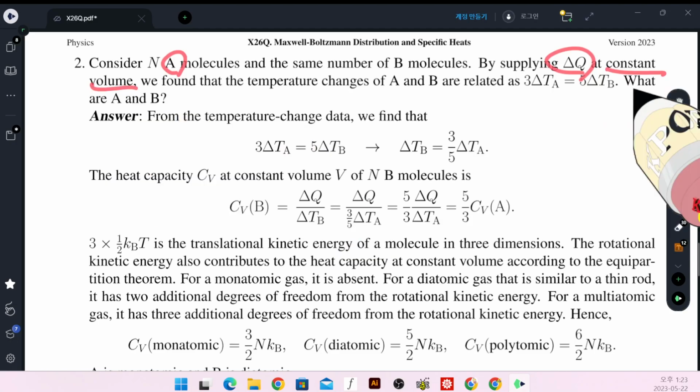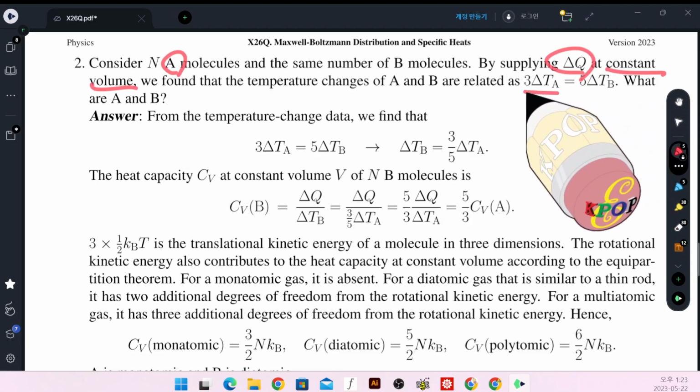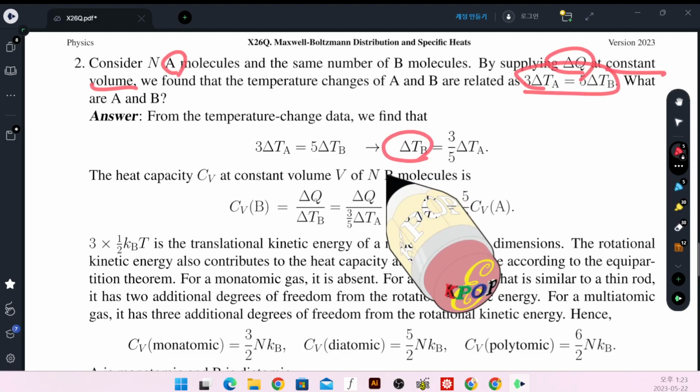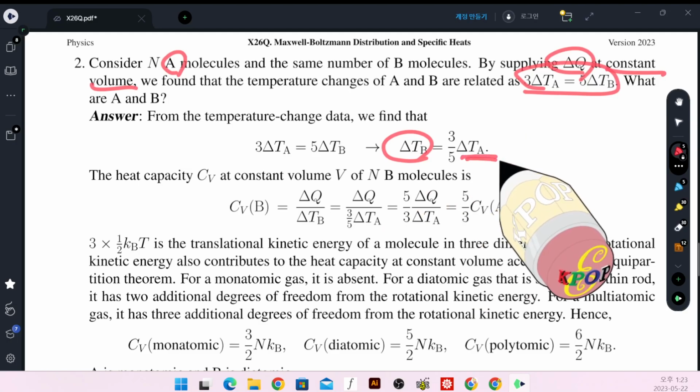Then the raise in the temperature of B has a relationship with the TA like that. From here, we can determine the delta TB, change in the temperature of the B molecules, is 3/5 of the change in the temperature of A.